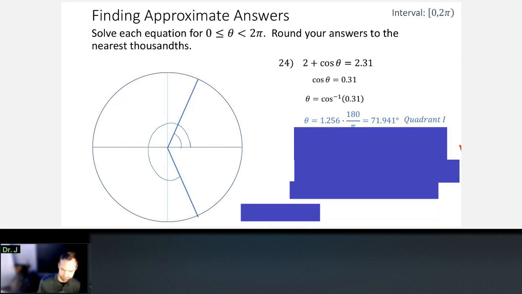Very good. And then we can label stuff. So we know that this angle right here is 1.256 radians. And then we want to find this measure, which is from here all the way around.